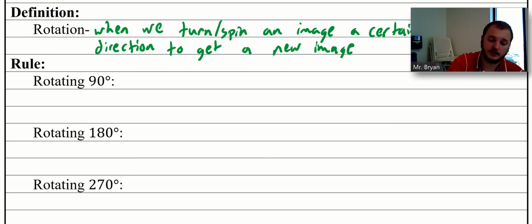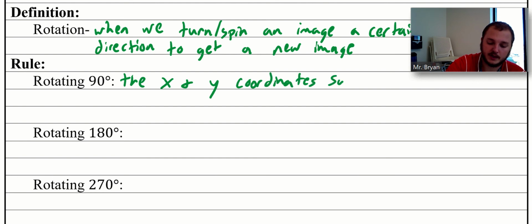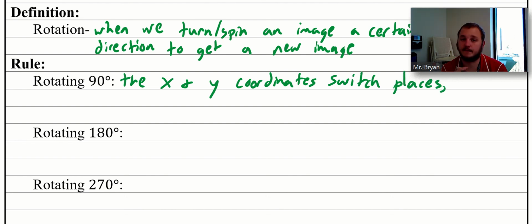The first thing you need to do is the x and y coordinates switch places. Kind of like we saw with reflecting over y equals x, I'm going to switch the places of the coordinates. That's the first thing I need to do.